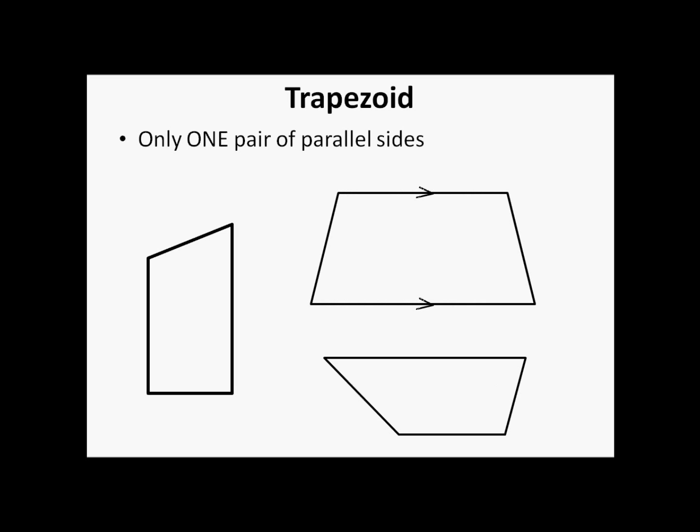It has the parallel top and bottom, and then it also has 2 sides that have the same measurement. And these trapezoids are known as isosceles trapezoids. You might have learned about isosceles triangles that had only 2 sides that were congruent. Well, isosceles trapezoids have 2 sides that are congruent in length.